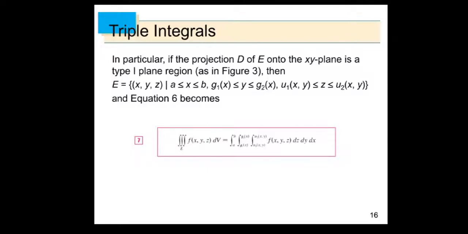Since I mentioned that when we have the variables, we can clearly see that here we have two variables, x and y, with respect to z. So it means we will integrate these first, and we have one variable, x, with respect to y. So it means we will be integrating this second, and here we have constants with respect to x.